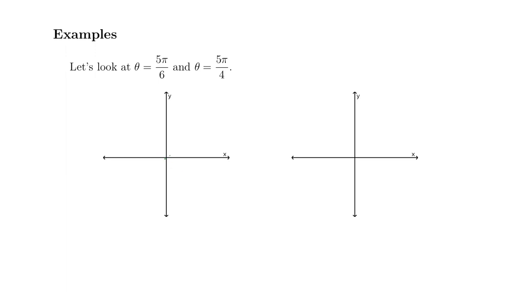5 pi over 6 we've already drawn. Looks like this. Our reference angle, we know, is right in here. And that's theta prime, and we know that that's going to be pi over 6.